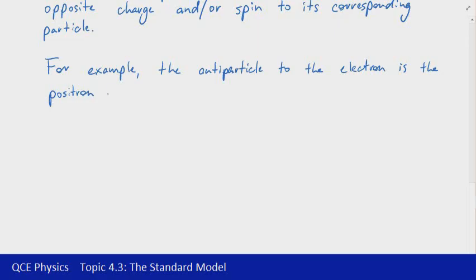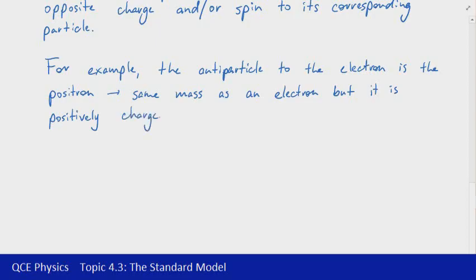As we said, it has the same mass as an electron, but opposite charge, so that means it's positively charged. So it's not a proton, it's much smaller mass than a proton, but it has the opposite charge to an electron with the same mass as an electron.